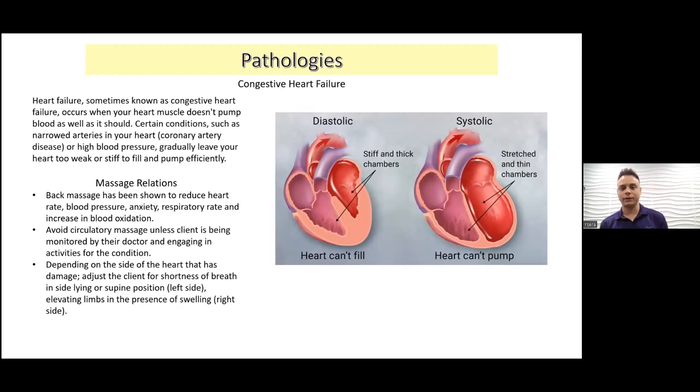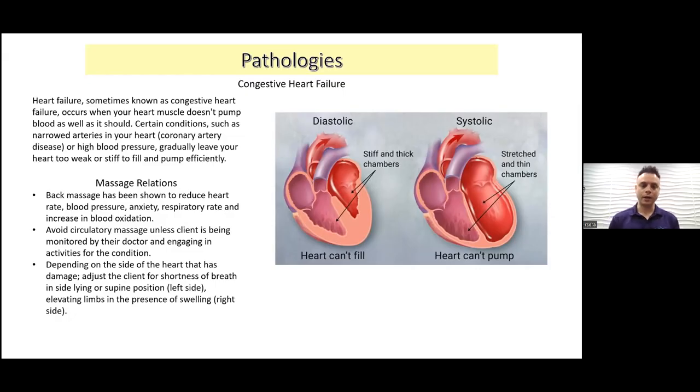Typically congestive heart failure comes about because of other conditions like a heart attack or coronary artery disease. Coronary arteries are the arteries that bring blood supply to and from the actual chambers of the heart itself. So you have a couple main branches going to each chamber essentially, which gives you your bypass surgeries basically, right?